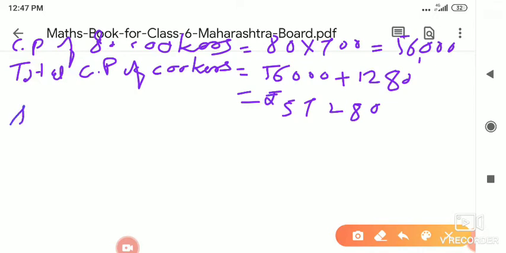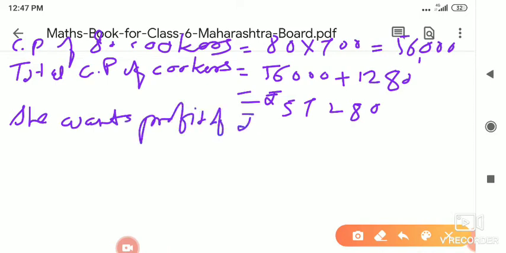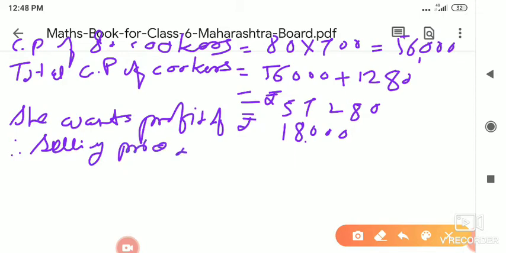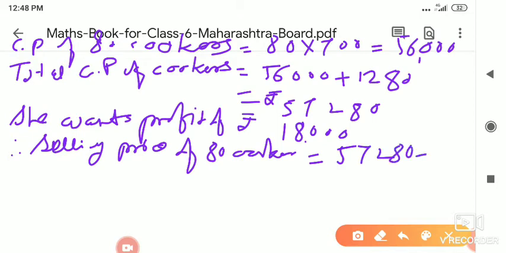Now how much profit does she want? She wants a profit of 18,000 rupees. So the selling price of 80 cookers is equal to 57,280 plus 18,000.